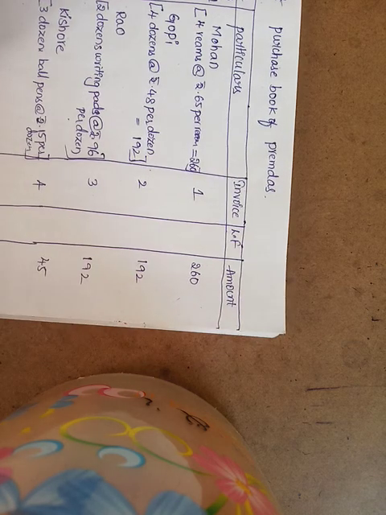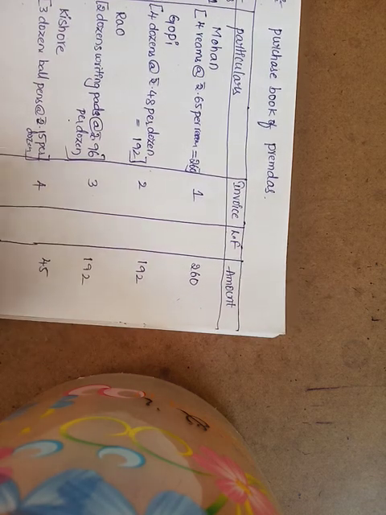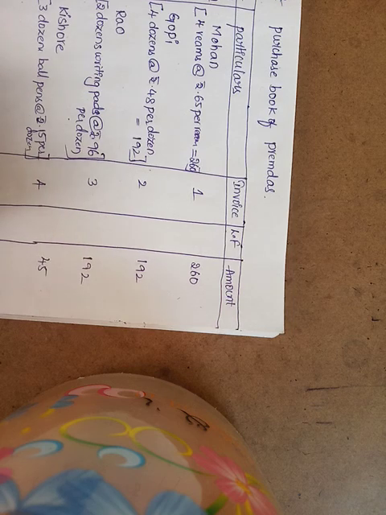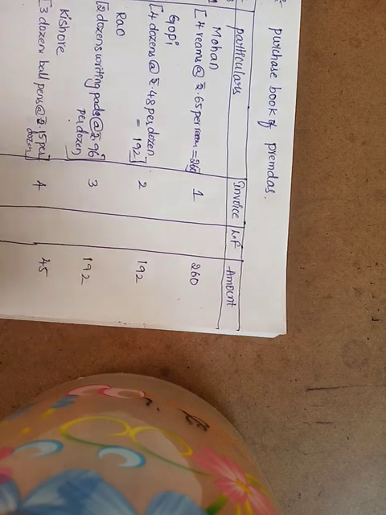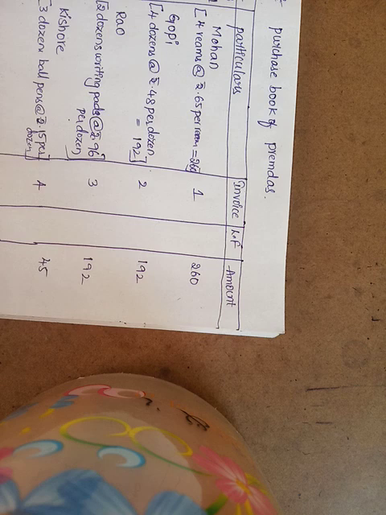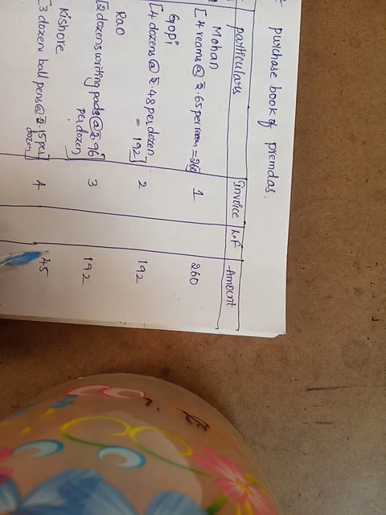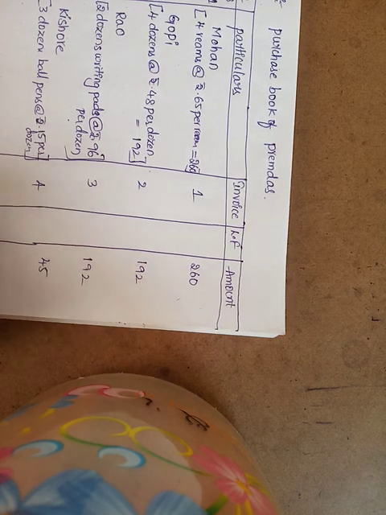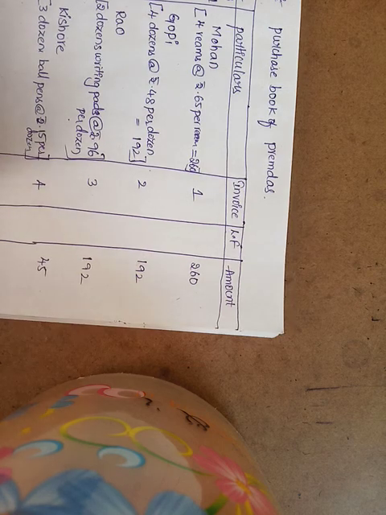Okay. Total is 260 plus 192 plus 192 plus 45, the total is 689, the total of the purchase book.